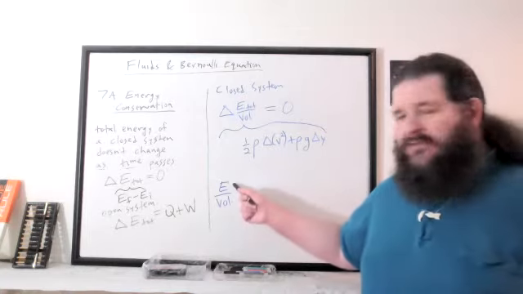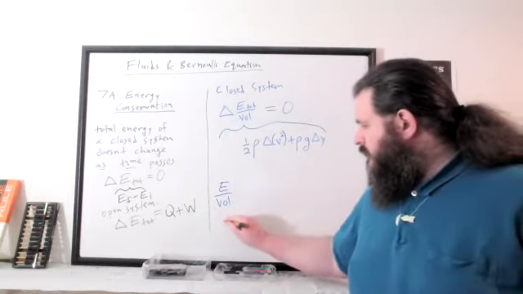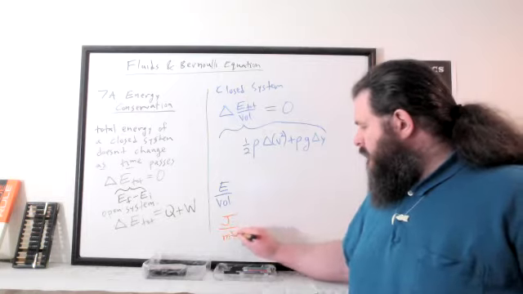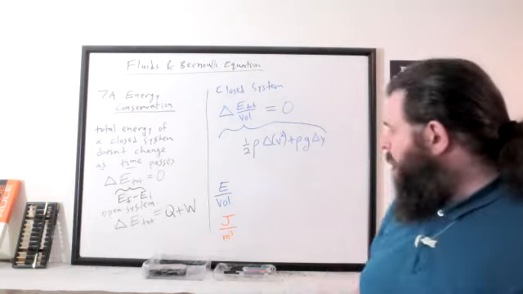What are the usual units of measurement for energy? Yeah, energy is measured in joules. Volume is measured in cubic meters. So energy density can be measured in joules over cubic meters.